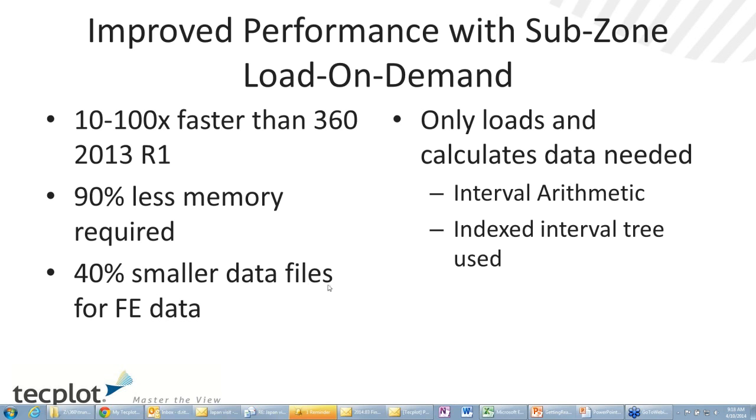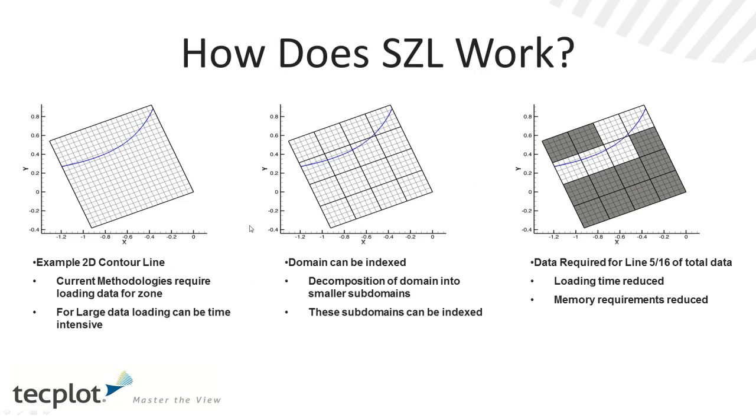We're actually going to go through this in detail, so I don't need to go through it now. We've talked about this a lot, and so perhaps it's easy to sum up if you look at the 3 examples here. Really, where subzone load on demand works best is that we can very selectively load pieces of the volume solution necessary to do the analysis that you're interested in.